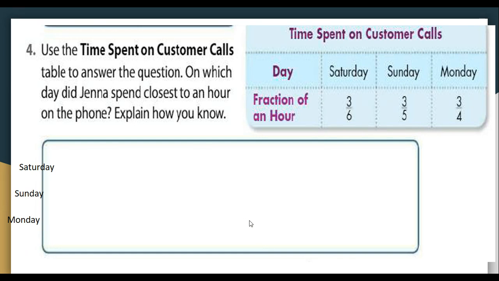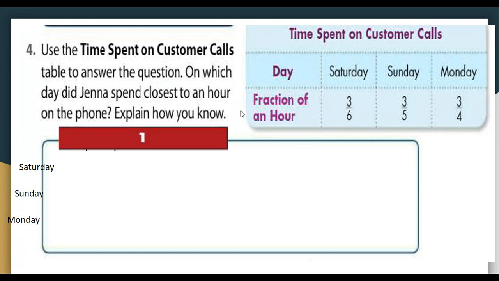Let's look at each of the fractions of an hour, because remember, we're dealing with an hour, not a whole workday. We're just worrying about how much of her hour she spent on customer calls. So again, we're going to use our one whole as our benchmark to represent our 1 hour.